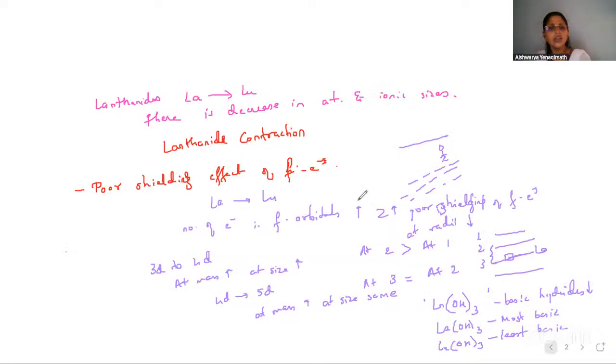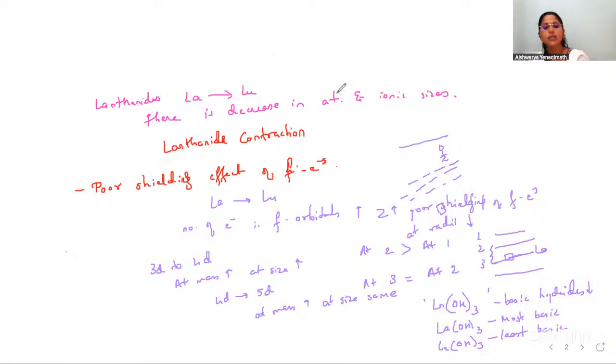So these are the consequences of lanthanide contraction. What is the cause of lanthanide contraction? It is the poor shielding effect of f electrons. And the consequences: there is similarity in the atomic radius of the 4D and 5D series.